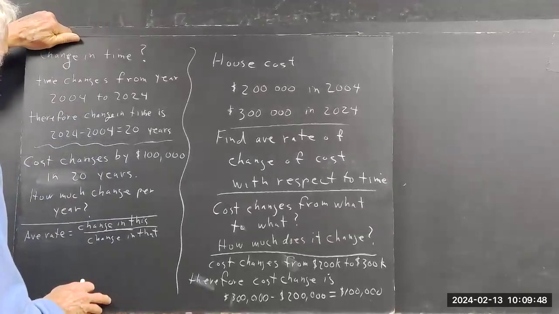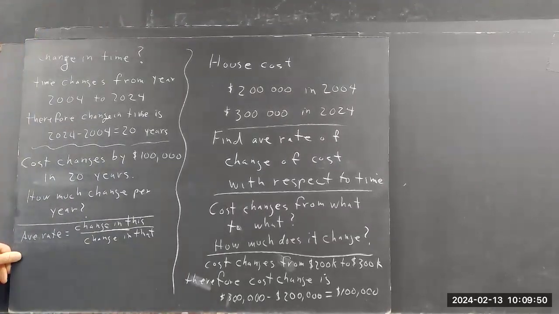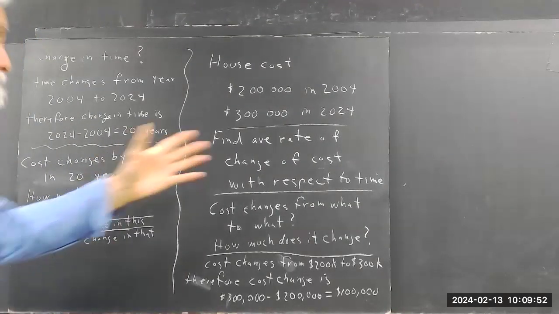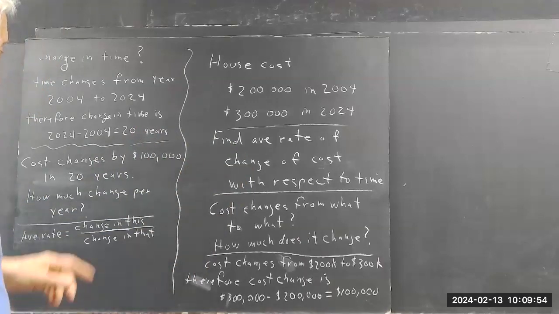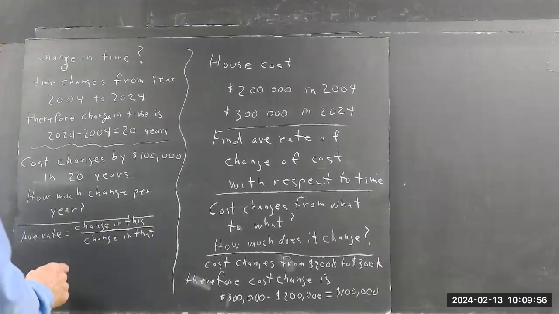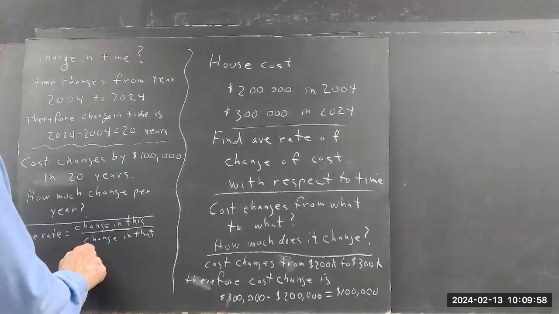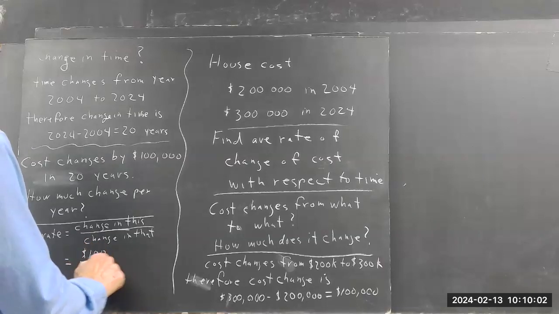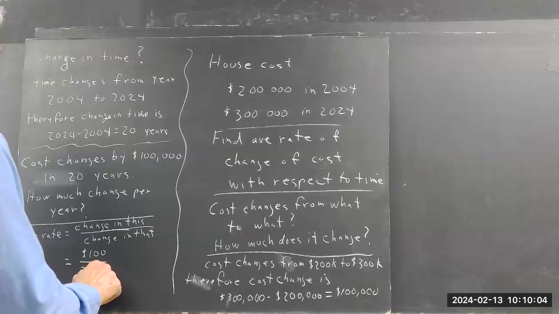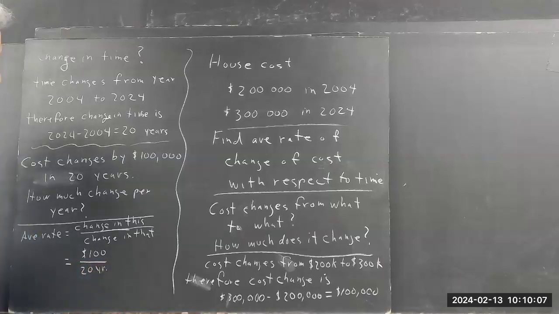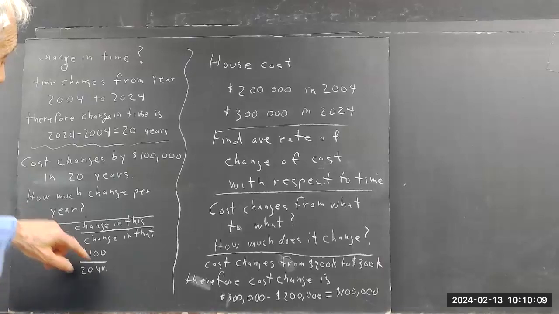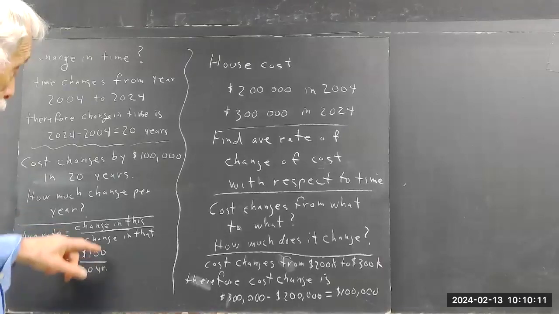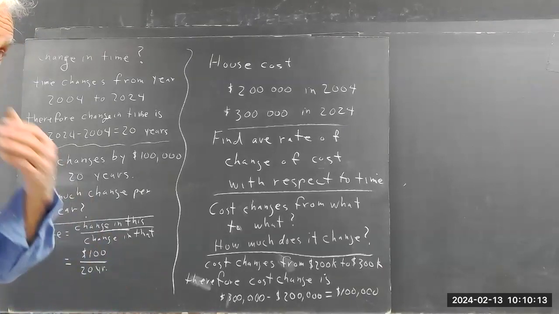And you've got to know which to use for this and which to use for that. But I'll explain that a little more. It's the change in this divided by the change in that. What you wrote down was $100 over 20 years. Okay, now you want to put the dollars and the years there, but you have the numbers right, okay?